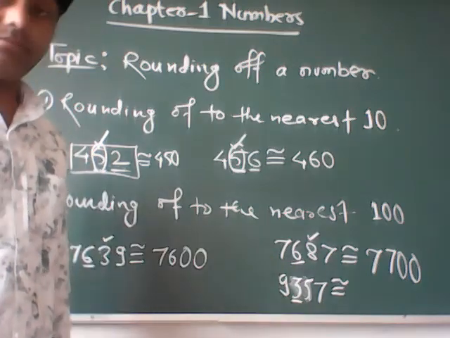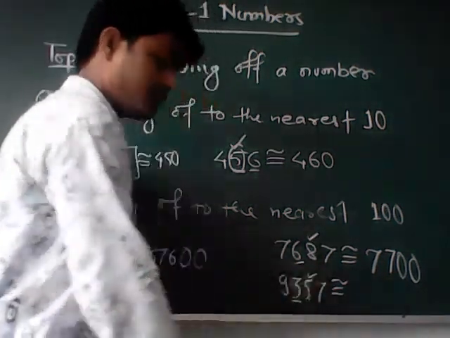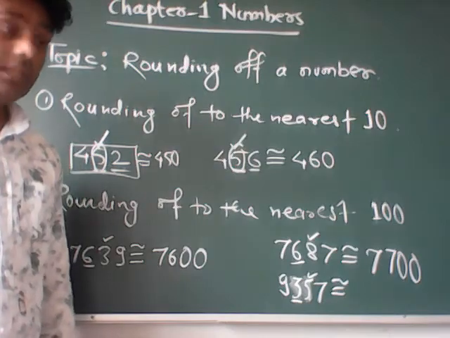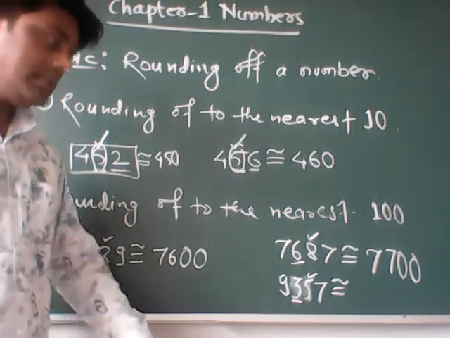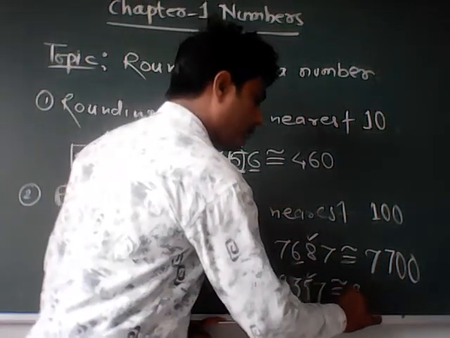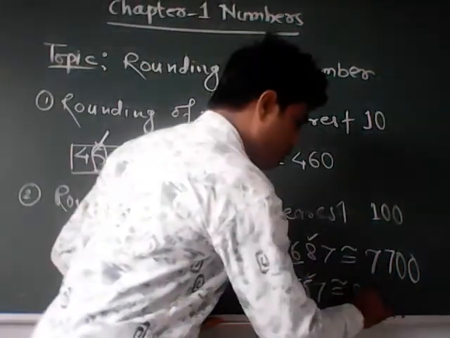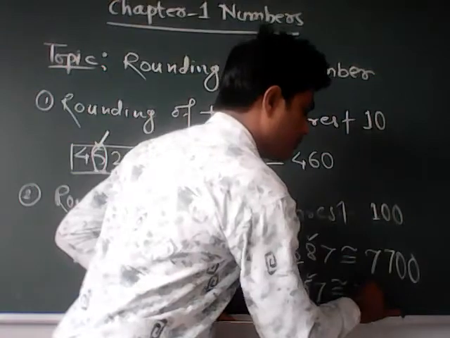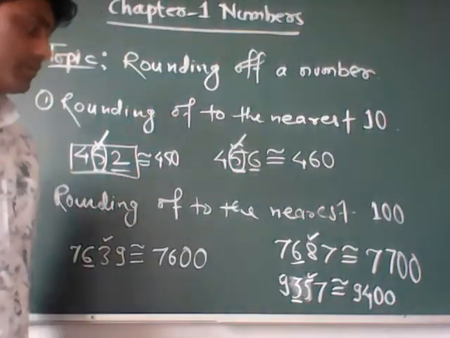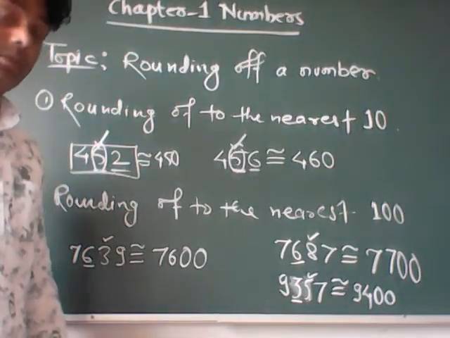That is 5, that we have to see now. So here is 5. In this case also we have to add 1 to this place, that is it will be 4, and the rest two will be 0, 0. So it will be 9400.